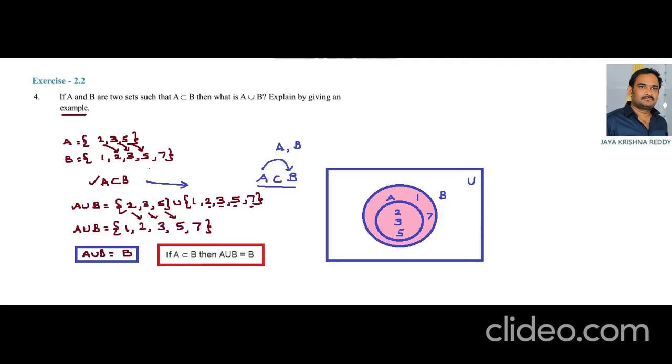So this is the shaded region which represents A union B. If we observe, this total shaded region lies completely inside the circle, that is set B. So the result A union B is equal to B. And also remember that if A is a subset of B, then A intersection B is equal to A. If A is a subset of B, then the union will be set B and their intersection will be set A.